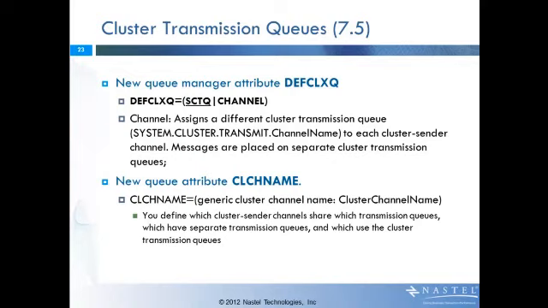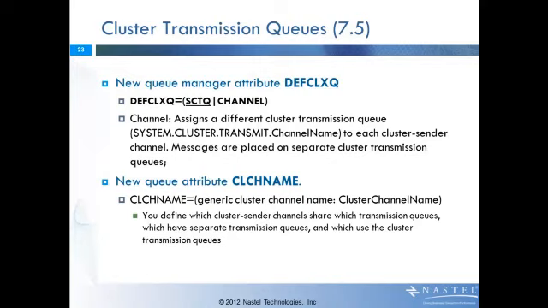And basically what that says is that you have a single system cluster transmission queue, as you do today. If you set that to channel, then for each unique queue manager in the environment, a different cluster transmission queue gets created that's going to send messages for that queue manager. That's the first option.